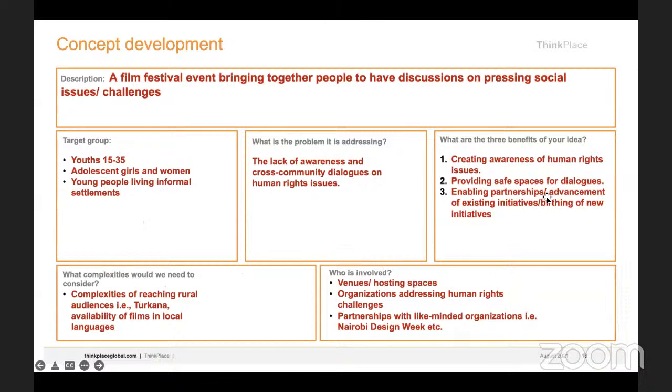Samuel, can you hear us? If not Samuel, I can see Guaya, are you able to contribute? Okay, any volunteer? Anyone can volunteer?